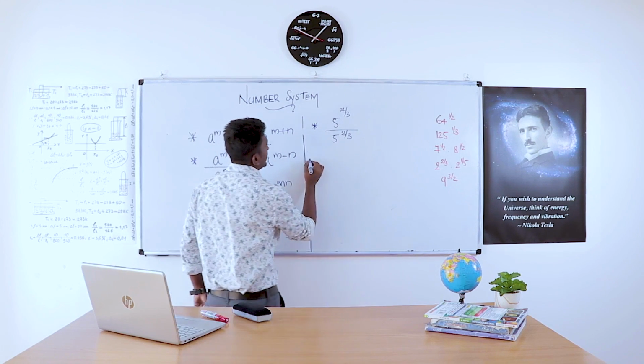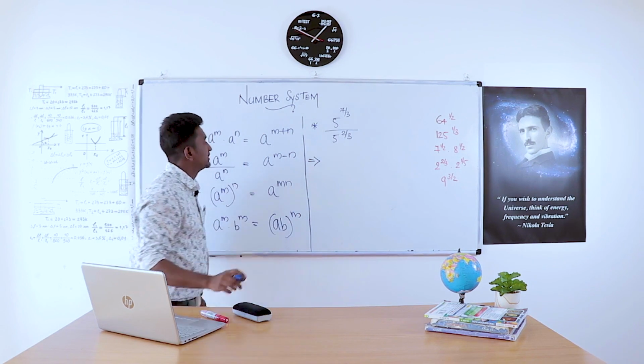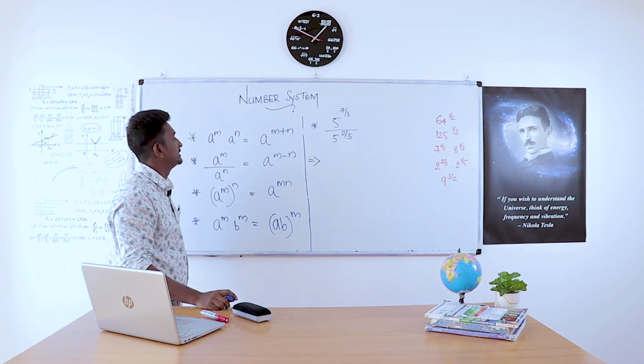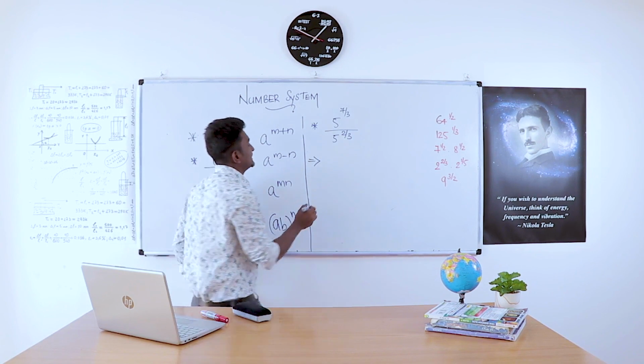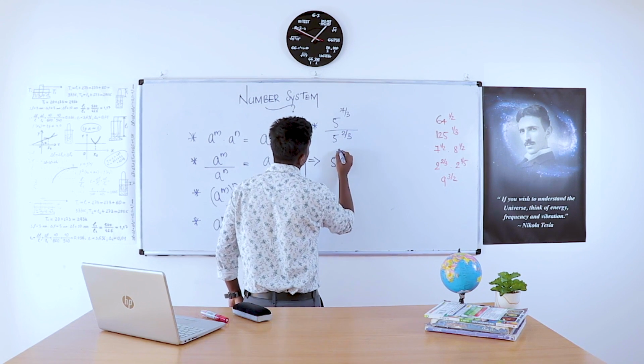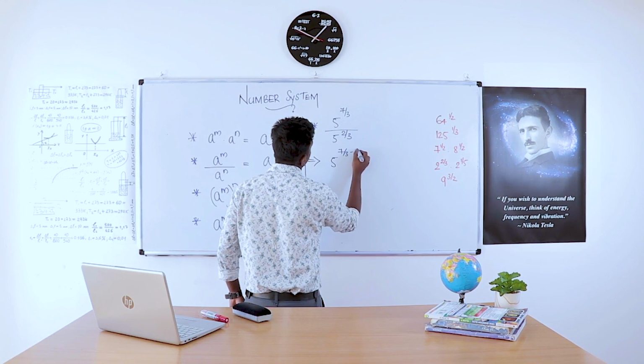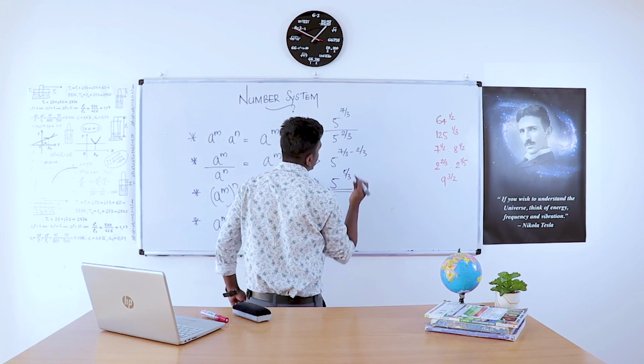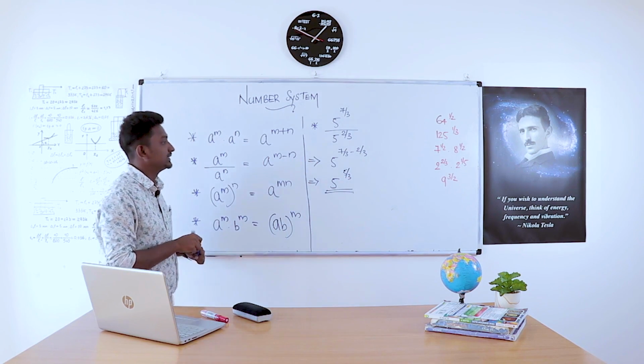Look at the problem. It is of the form a raised to m by a raised to n. It is a raised to m minus n. That is 5 raised to 7 by 3 minus 2 by 3. That is 5 raised to 7 minus 2, it is 5, 5 by 3. The answer is 5 raised to 5 by 3.